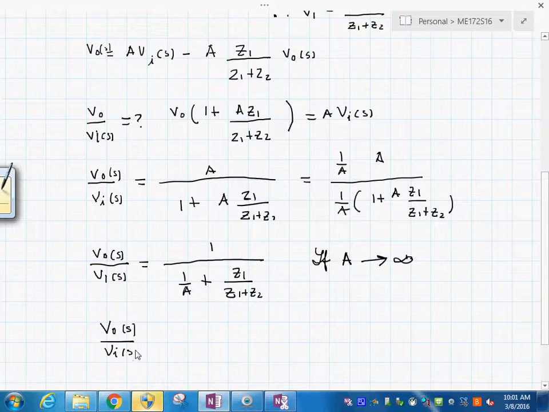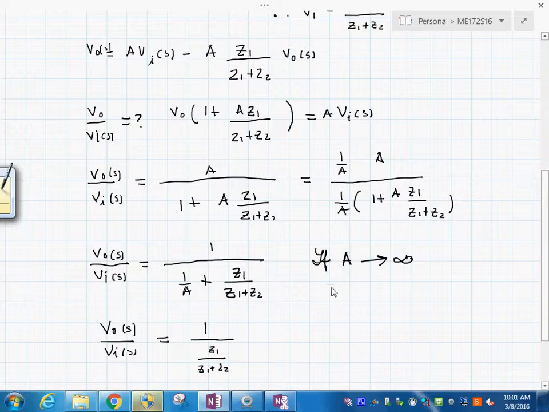So the V output in relationship to the input is going to be Z1 plus Z2 over Z sub 1. You see, no change in sign occurred.